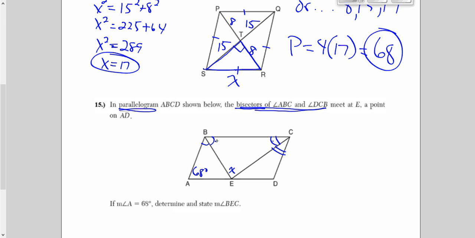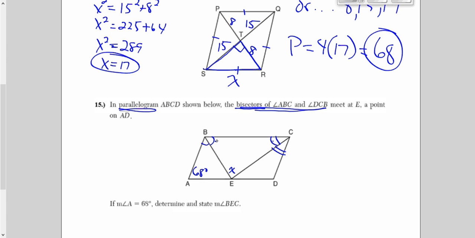ABE. Why don't we get to that? The one that's a parallelogram and opposite angles are congruent. There's one that's 68. What other information does that give us then? Since opposite angles of a parallelogram are congruent, that's 68.